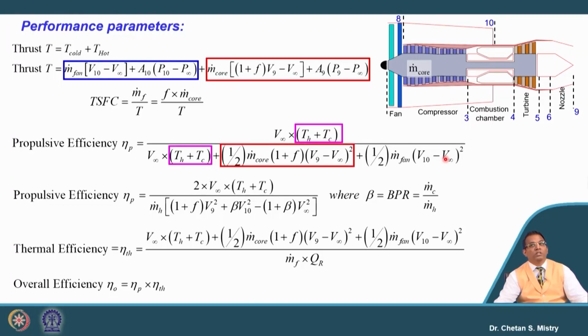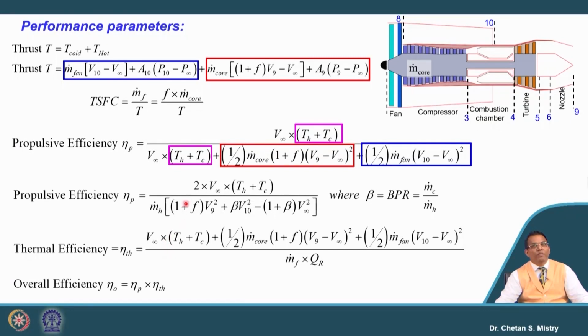So, we need to be very careful about this. Okay. This can be represented in terms of bypass ratio also. Whatever is preferred by you, you can remember this equation. These equations need to be remembered by us. Okay. There is no other alternative. Okay. Next is our thermal efficiency.